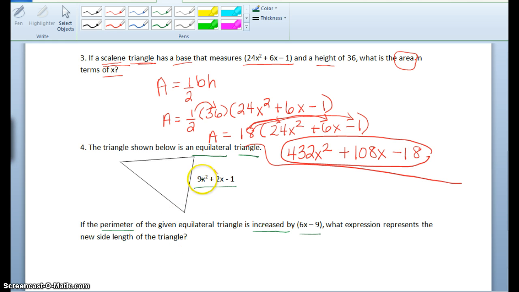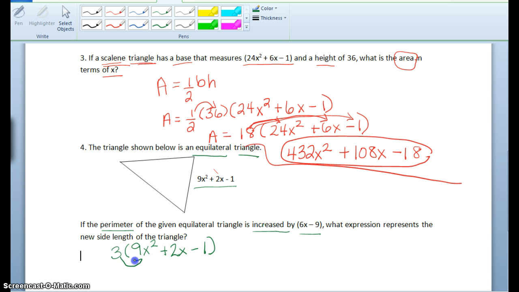Alright, to begin with, we know one side length, and we want to find the perimeter. It says all three sides are going to be the same. In order to find the perimeter, all we have to do is multiply 3 times the side length. So we have 3 times 9x squared plus 2x minus 1.